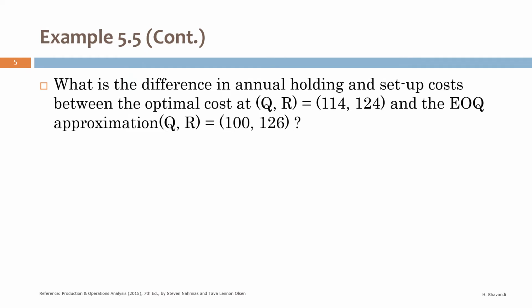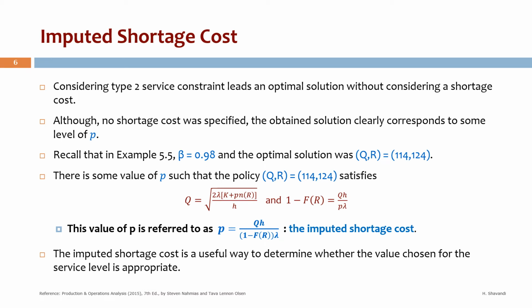Okay. So the imputed shortage cost: in the model that we have in this section, we don't have penalty cost, right? I mean, we are unable to estimate penalty cost. Because of that, we consider type 2 service level, and then we can obtain the optimal value for Q and R by iteratively solving equations number 3 and 4.